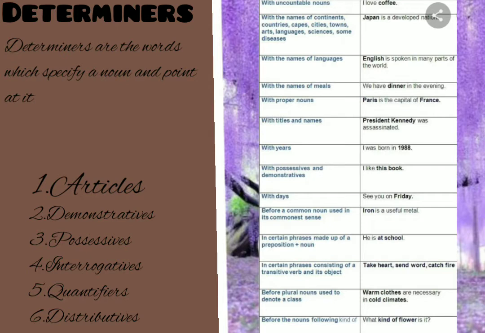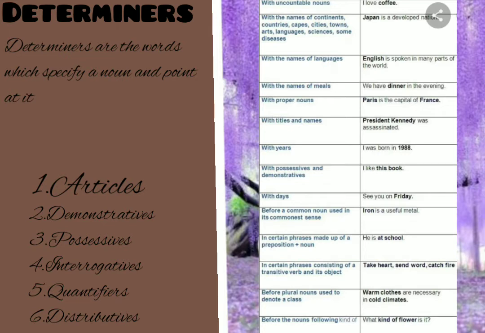Why is it omitted? Because before a country's name we omit the article. Next case, with the names of languages. English is spoken in many parts of the world. English is a language, but we omitted the article here. So no article is used before this language, that is English.